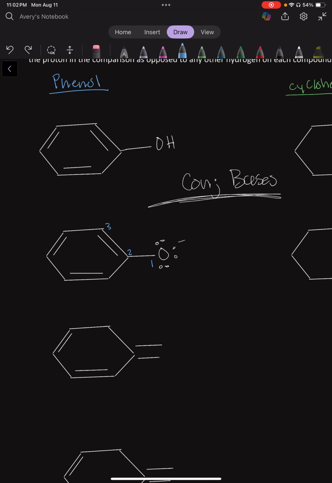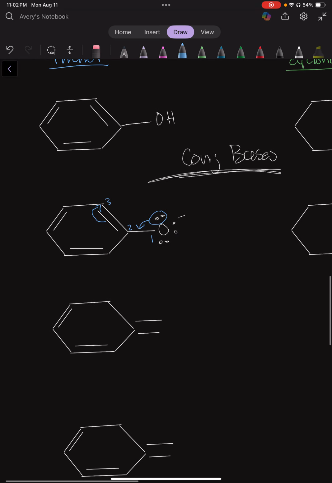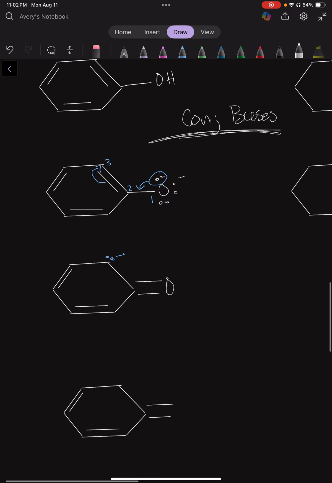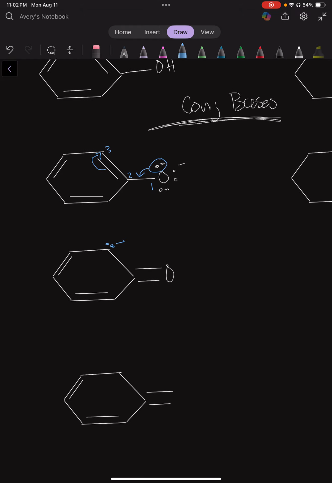We have a lone pair that goes here to form a double bond or a pi bond, and this pi bond goes to become electrons over here on this carbon. So now this becomes a carbon with 2 electrons and a negative charge, and there is a double bond on this oxygen. And now we just keep repeating this process. We have 1, 2, 3.